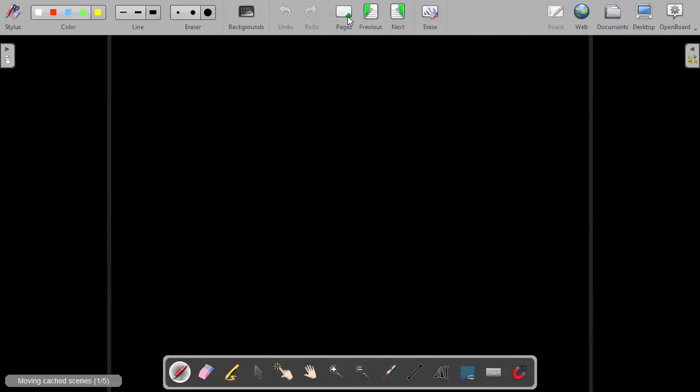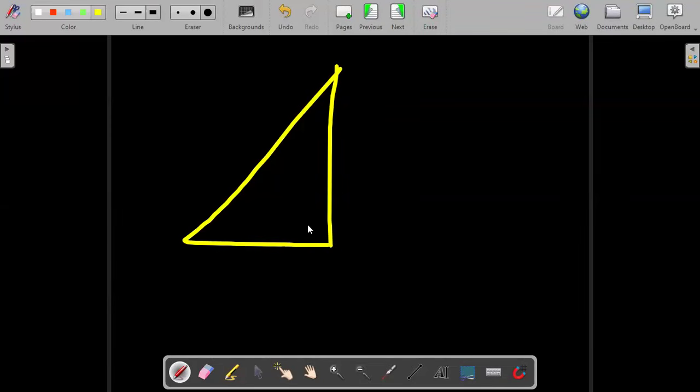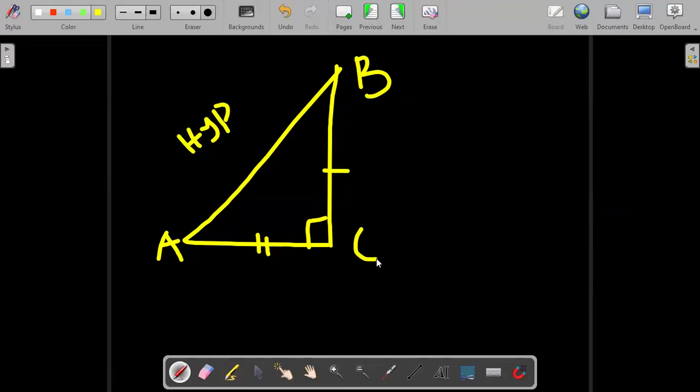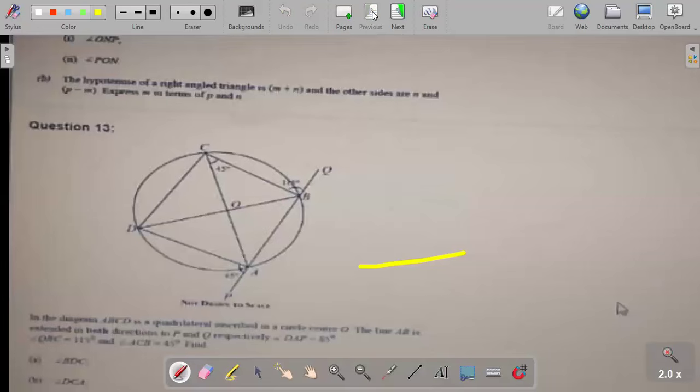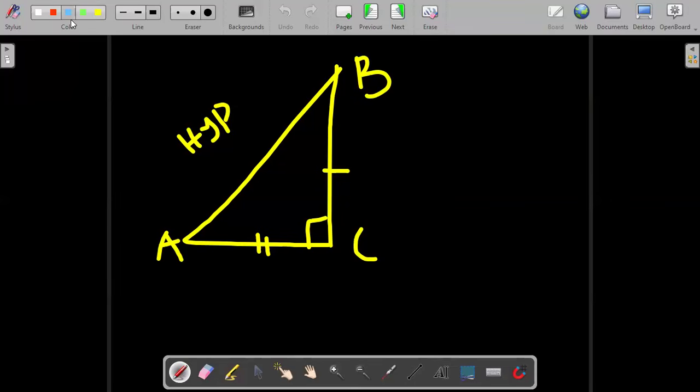Now, this is how a right angle triangle looks like. This side is the hypotenuse. Then this side and this side are the other two sides. Let's call here point A, here point B and point C. From the question, the hypotenuse is m plus n, so you write m plus n as the hypotenuse.